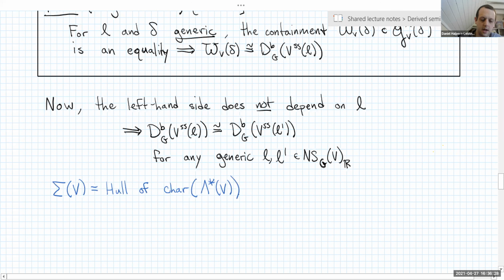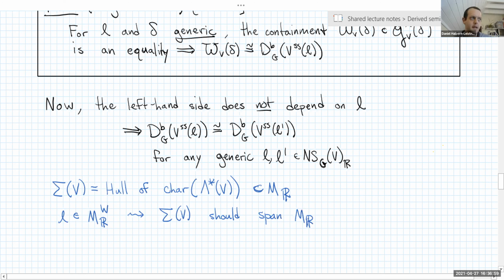So this sits inside the weight lattice tensor with R. And the condition is, an L, as I've mentioned, is in M_R^W, the invariant real weights. So first of all, sigma of V should span M_R.